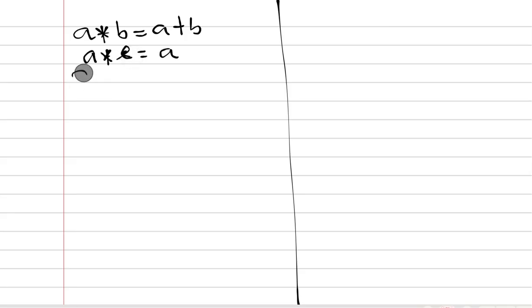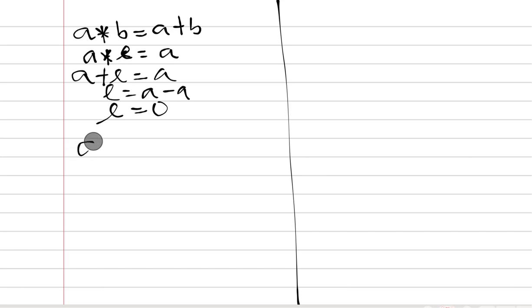So we have A plus E equals A. That will be E equals A minus A, and that means our identity here is 0.